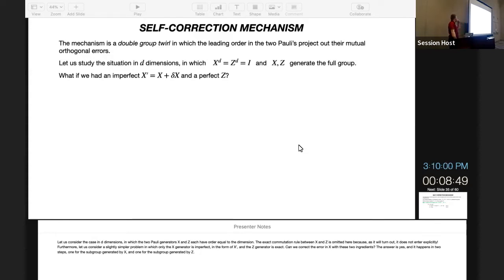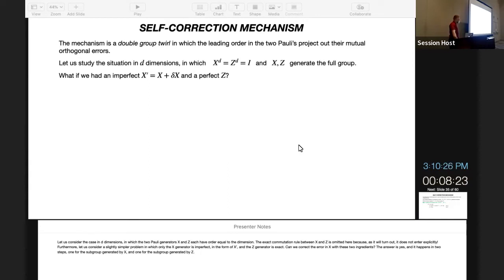And notice how I'm not telling you what the commutation relation is because it will not matter explicitly. Let's think about a slightly simpler problem in which one of the operators, say Z, is perfect, and X is imperfect. Can I construct an analogous sequence here? And the answer is yes, it happens in 2 steps. Each step corresponds to one of the 2 cyclic subgroups, generated by X and generated by Z.